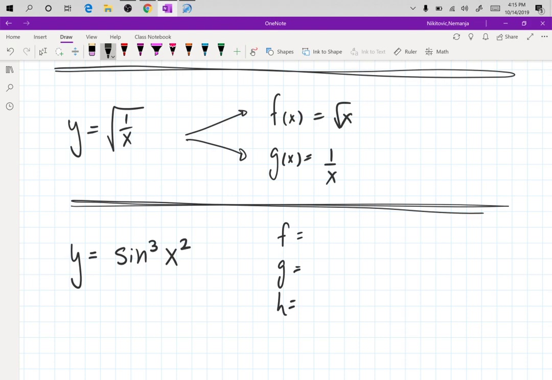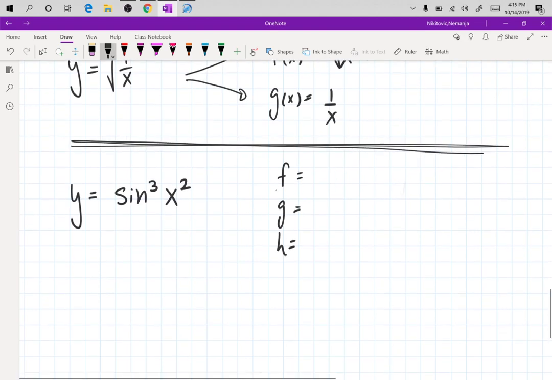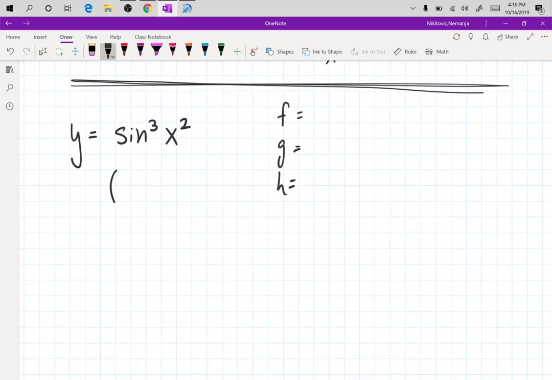So what's the outer function? This can be written as sine x squared, everything cubed. So the outer one is x cubed, the middle one is sine x, and then all the way inside, x squared.